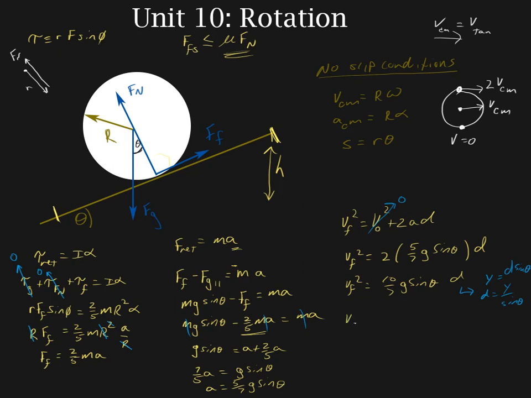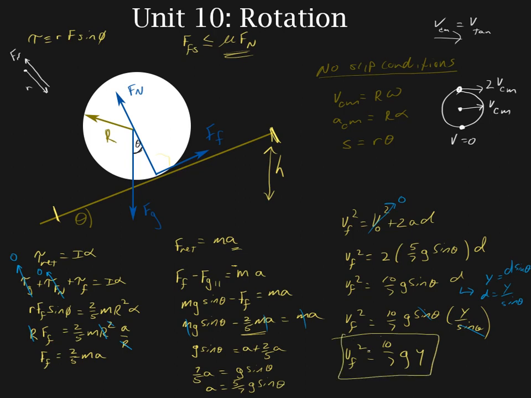So finally we get our answer. V final squared is equal to 10/7 g sine theta times y over sine of theta. And the sine theta cancels out, and we're left with v final squared is equal to 10/7 g y, which is exactly what we got when we were using conservation of energy.